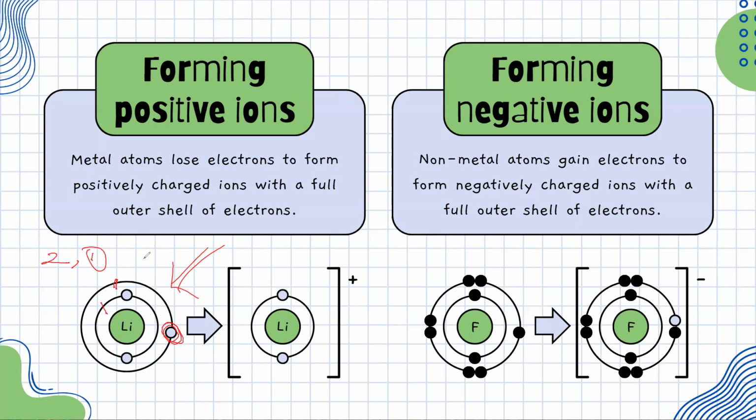So for lithium to become stable, this 1 electron will have to go so that it is left with only 1 shell. And remember, if an element has just 1 shell, the number of electrons it can occupy is 2. That is why it has two electrons over here, because it is just one shell. Do you understand?